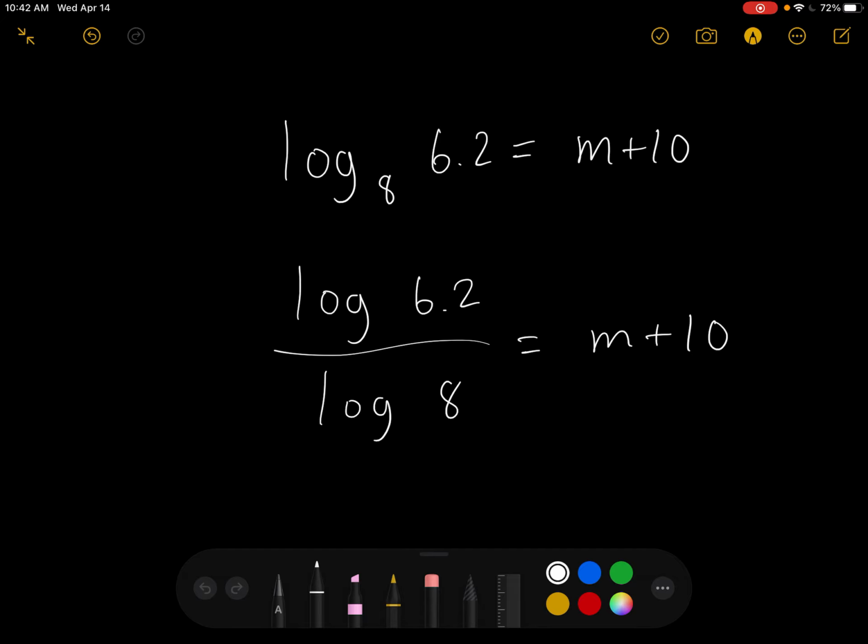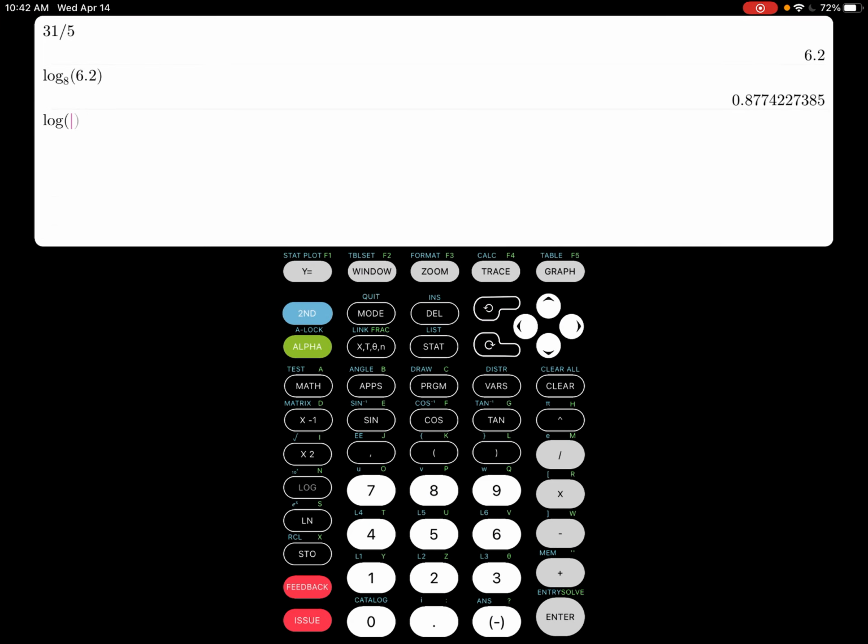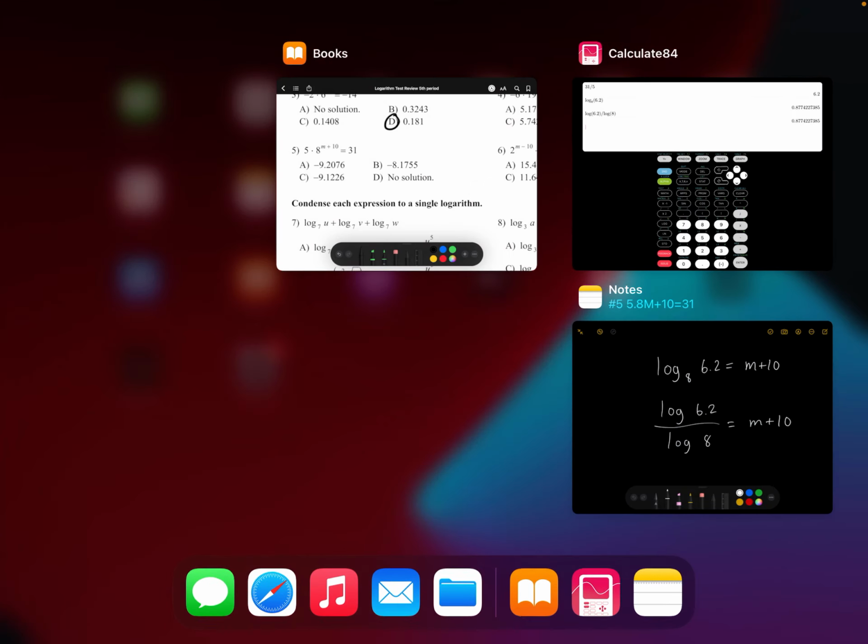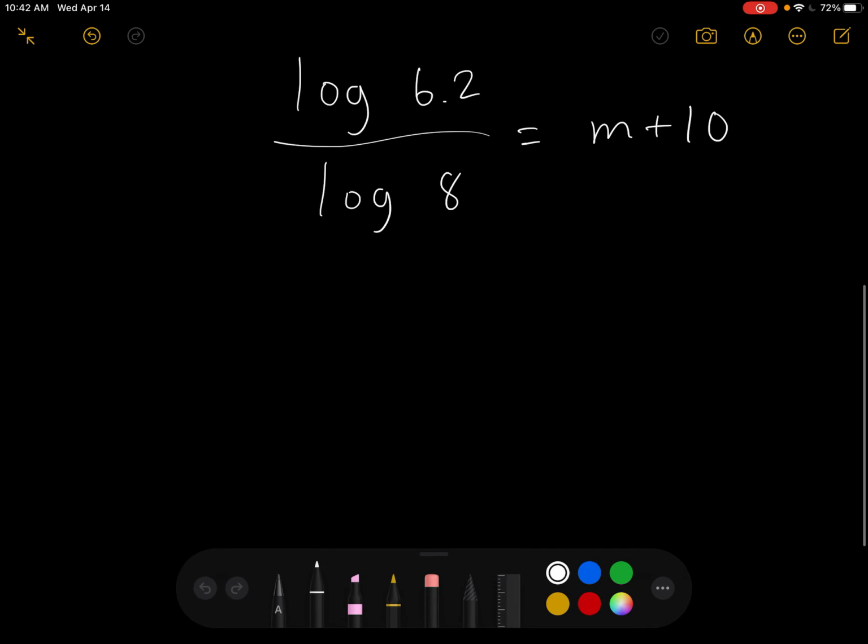And you're going to type this into your calculator. So log of 6.2, close the parentheses, divided by log of 8. Close your parentheses, click enter, and you get the same value. 0.8774 is equal to m plus 10.